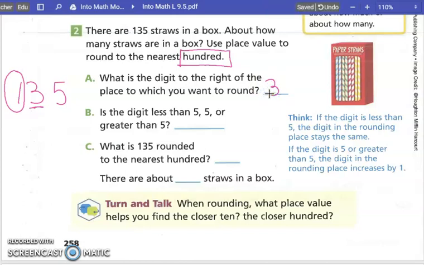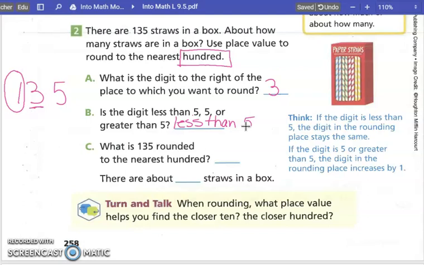Is the digit less than 5, 5, or greater than 5? Is 3 less than 5, 5, or greater than 5? Less than. Less than 5. What is 135 rounded to the nearest hundred?